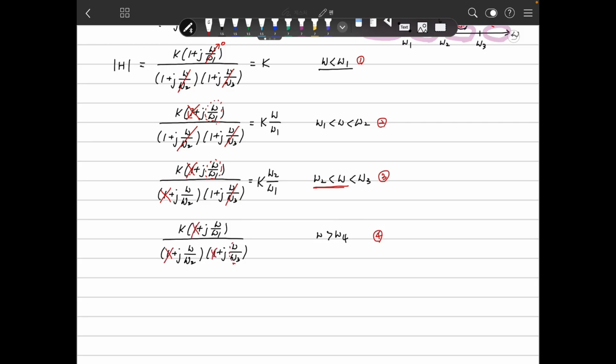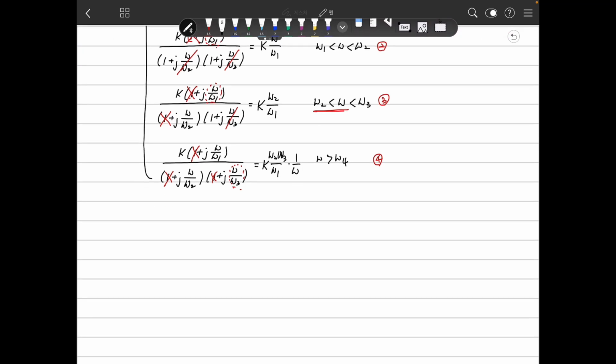Why? This is larger than the values 1. So that will be k omega 1, omega 2, omega 3, and 1 half omega. So we get the asymptotic values of H.